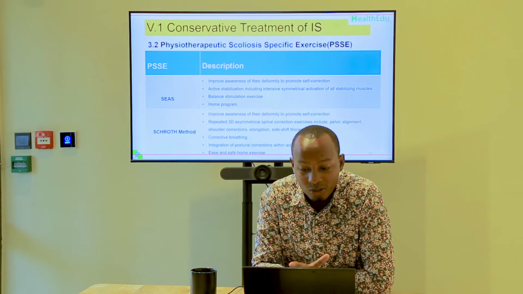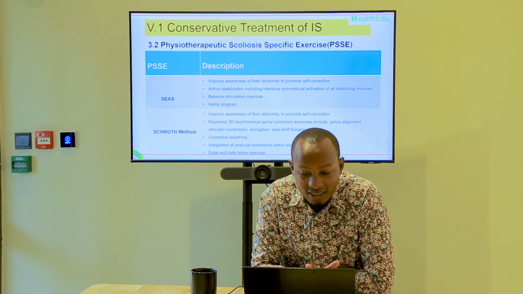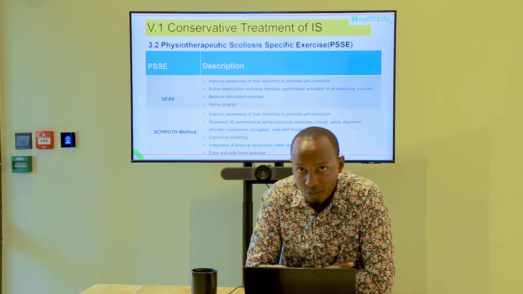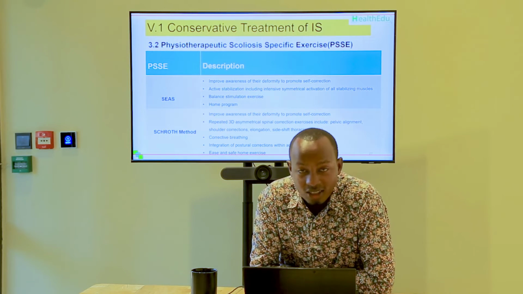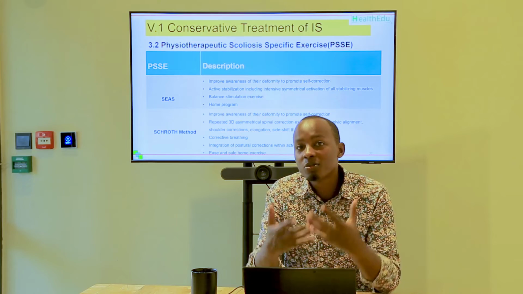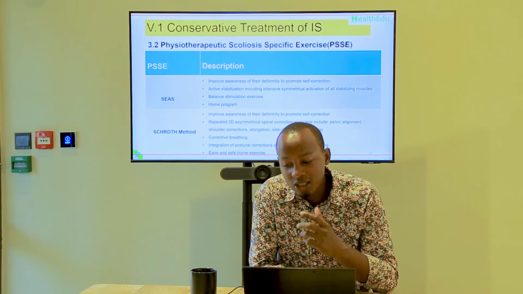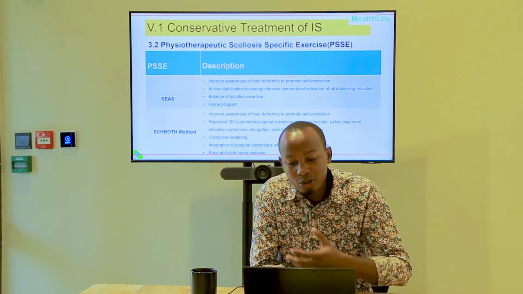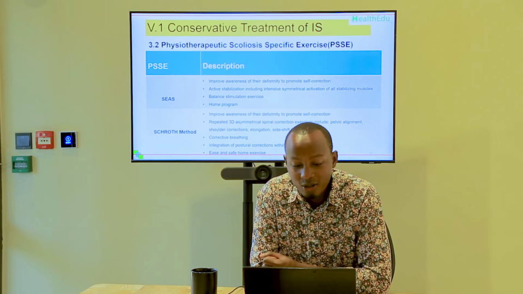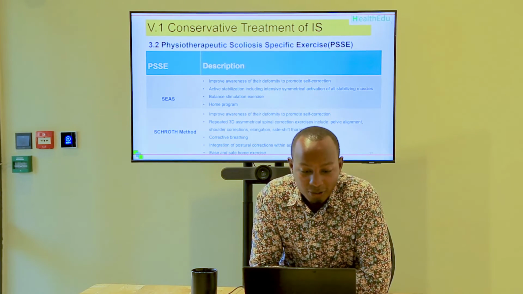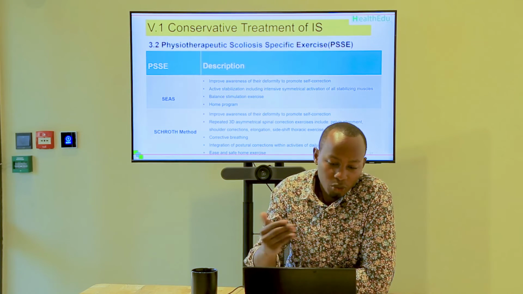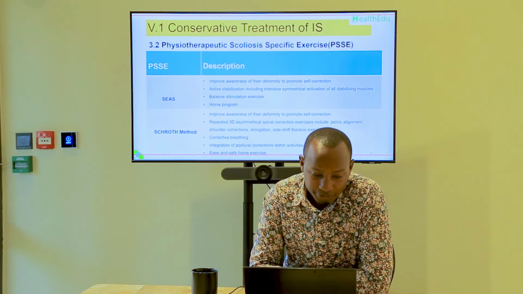So the patient has to have exercises which activate the stabilizing muscles, and there are balanced stimulation exercises, and also the patient has to be given a home program. When they reach home, they have to do some physical exercises which are easy for them, but they have to be prescribed by the physiotherapist or a doctor.